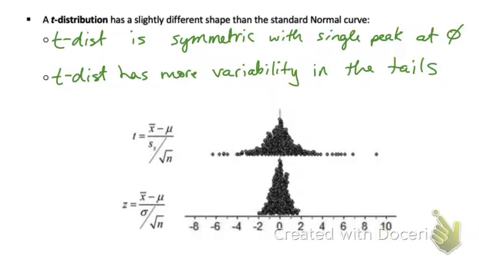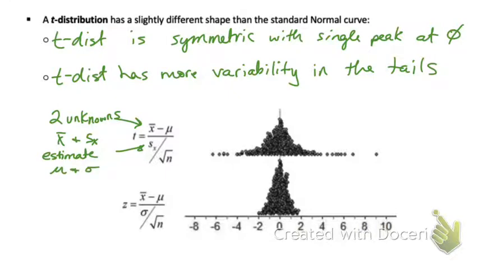That means that my estimations are going to be slightly more varied than they would be for a proportion problem, but that's okay because we know that we're estimating two things. For a T distribution, we have two levels of unknown. We have two unknowns, x bar and s sub x, that estimate mu and sigma.